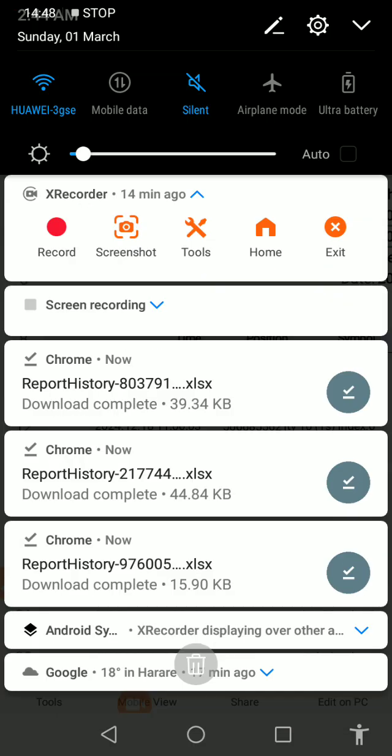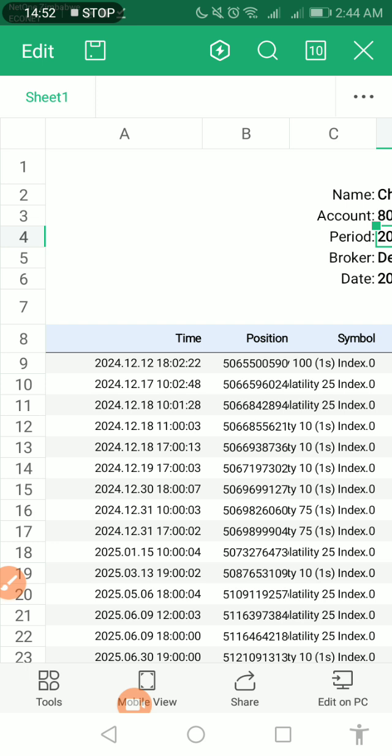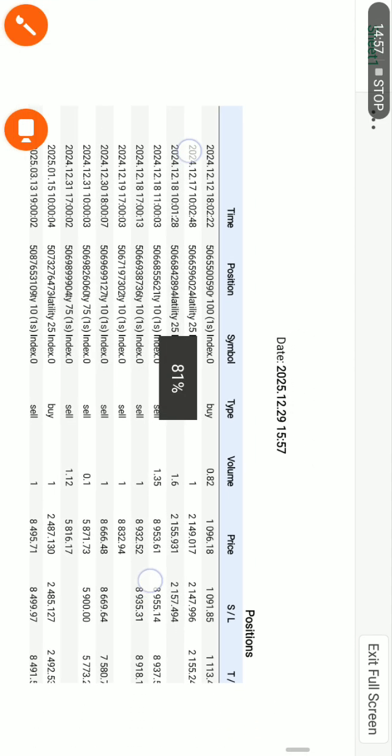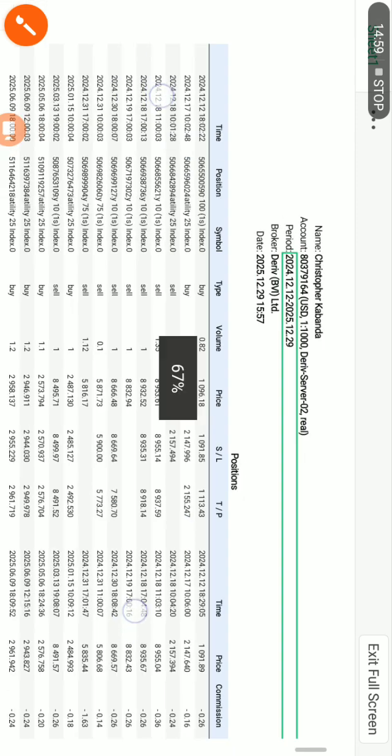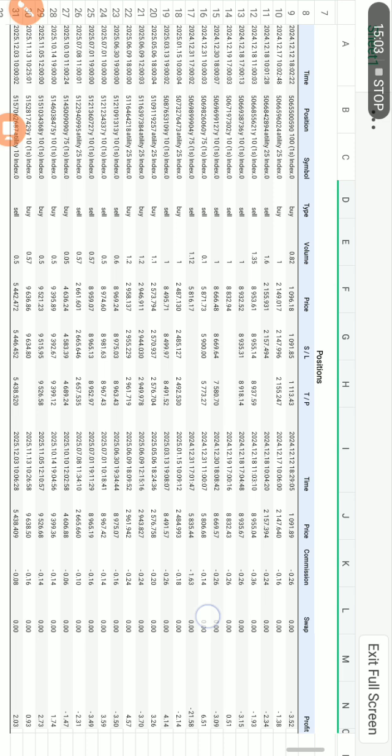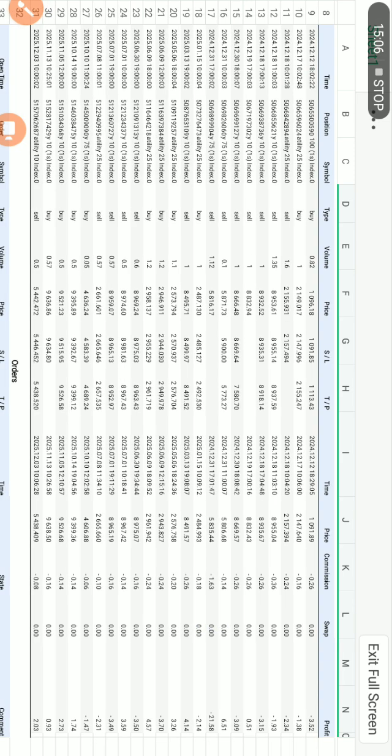So you can take screenshots of the statements I'm showing here, for those who want to compare the performance with that of the performance sheet which I showed earlier on that screenshot.